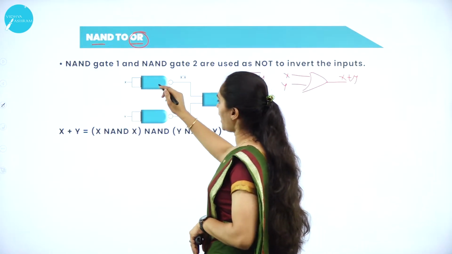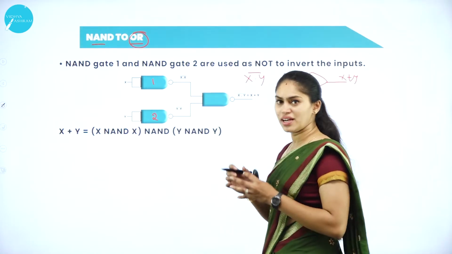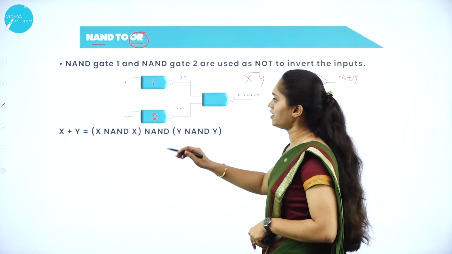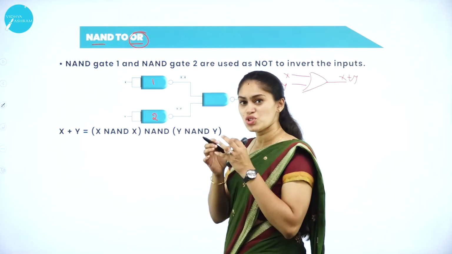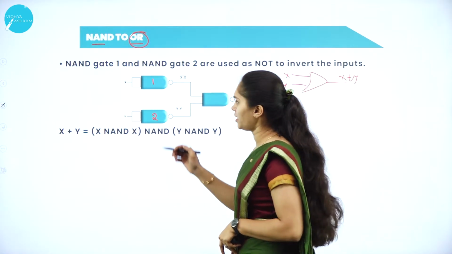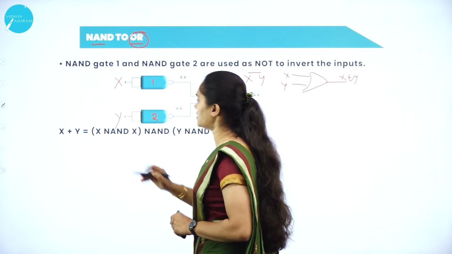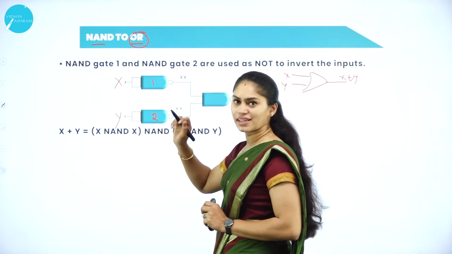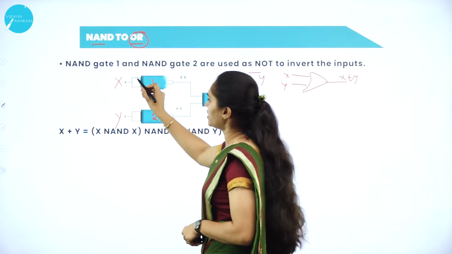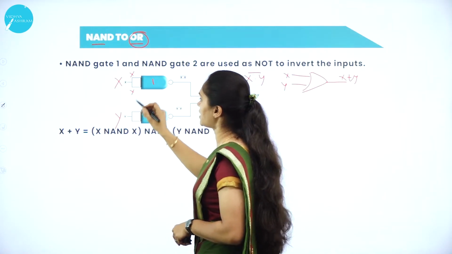We'll see now. I have two NAND gates here. How many NAND gates am I taking? Two NAND gates. So what I am doing here is shorting the input values. That means I am taking x as an input and y as another input. So when I am shorting that, you have to understand that both the inputs are the same, that is x and x.